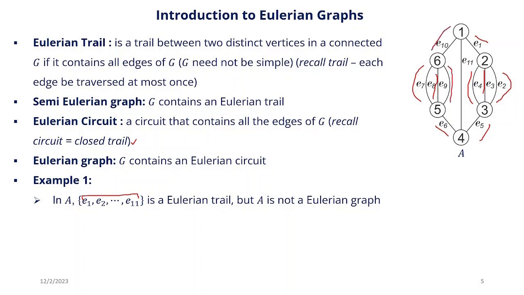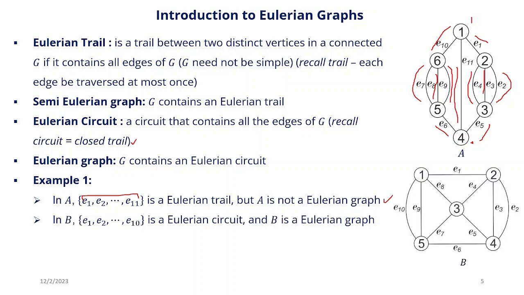We get back to 1 via E10, and then we come to 4. So we started at V1 and we ended at V4. We did not end at V1. Therefore, it is not a closed trail, and that's what makes it not an Eulerian graph, even though it is an Eulerian trail.